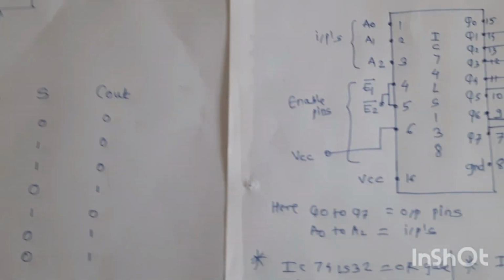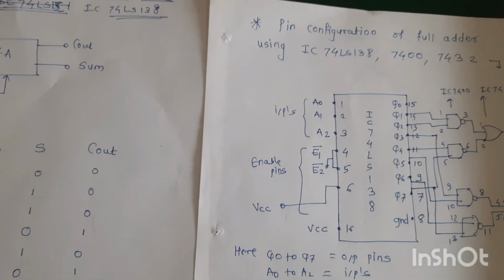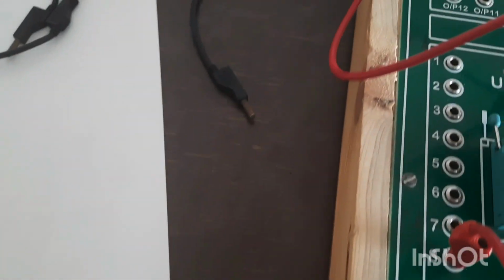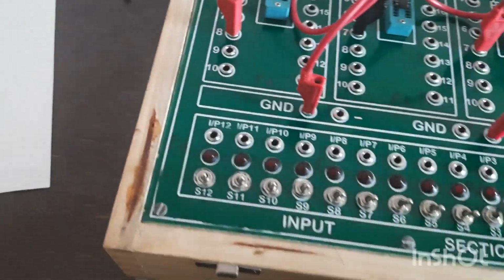For pin numbers 1, 2, 3 we have inputs, right? A0, A1, A2, that means we have A, B and C inputs. So I am going to connect pin 1 of the first IC to the input section. You can see this is our input section.